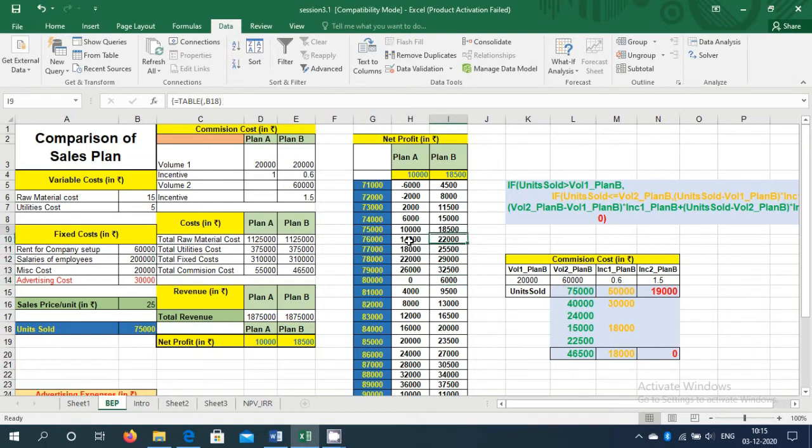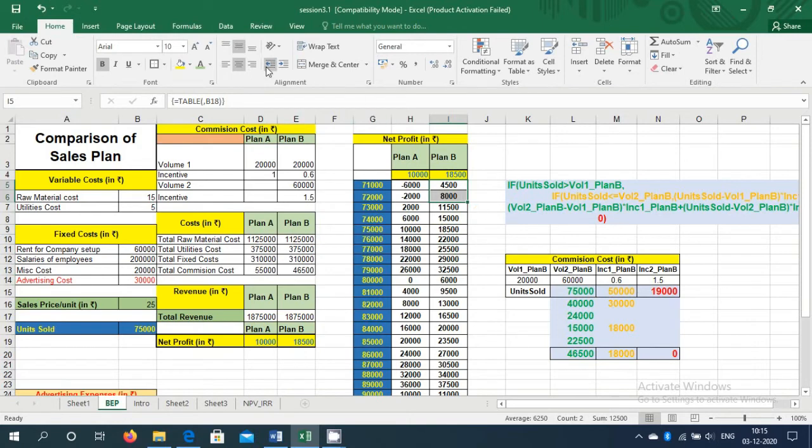Whichever is plan A or B, let me use a different color. So plan B is better.